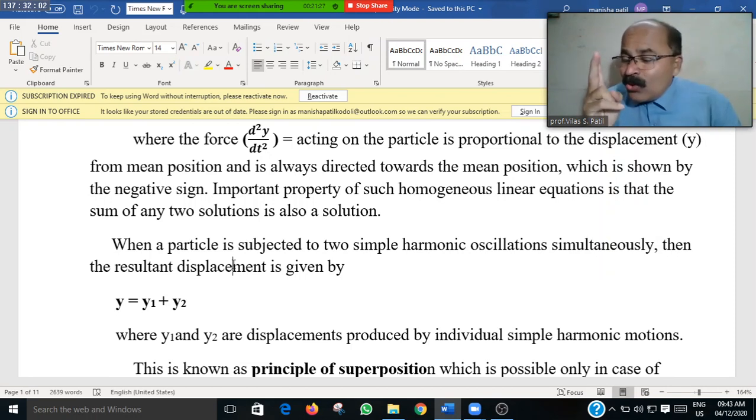Then there are two displacements. What is the resultant displacement? The resultant displacement is the addition of the two displacements. It is the sum of two displacements.